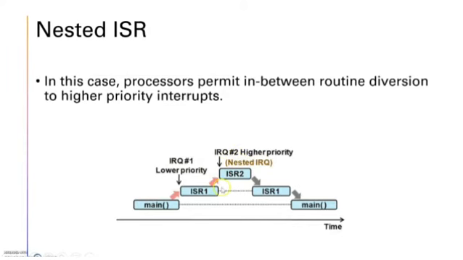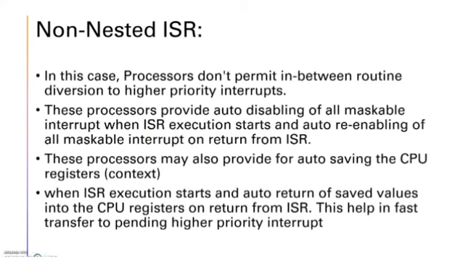In between processing of ISR1, no further interrupts are permitted. It will not look into another interrupt. If it has taken one interrupt, it will first execute and complete that interrupt, and only then execute the other interrupt. This type of interrupt service routine is called non-nested ISRs.